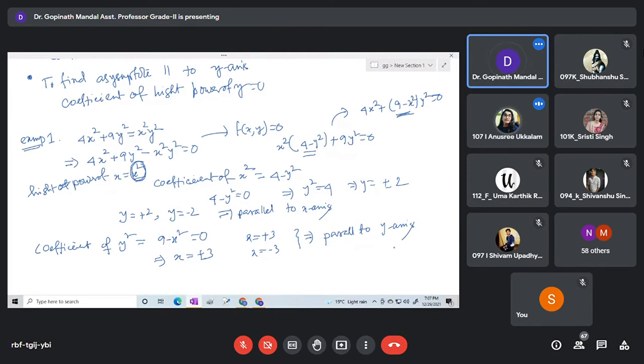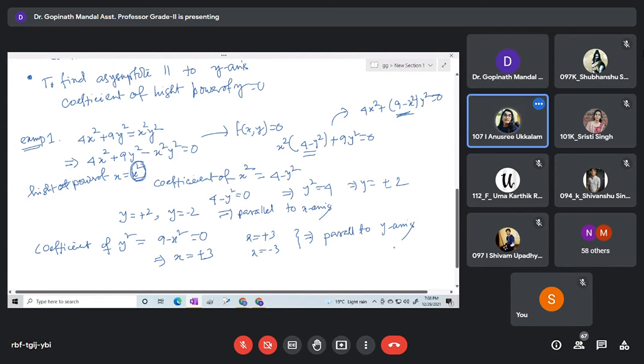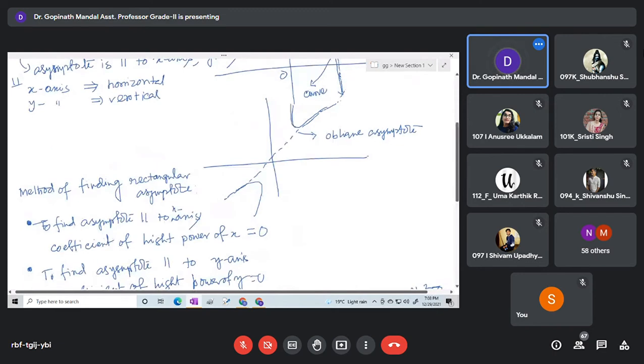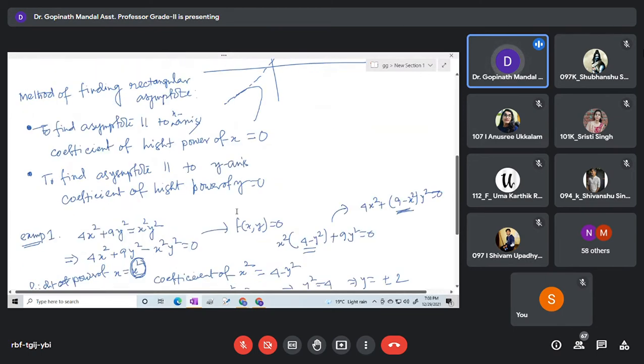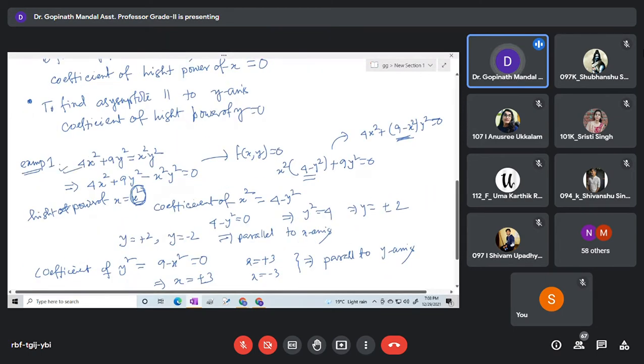What is the locus of this equation? Sir, what type of curve is this? Is this a paraboloid?